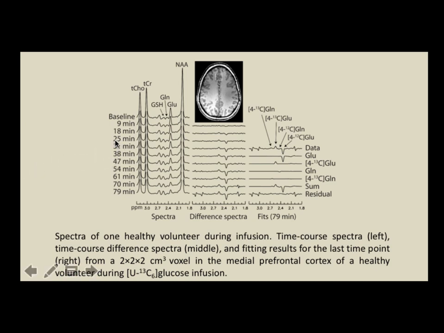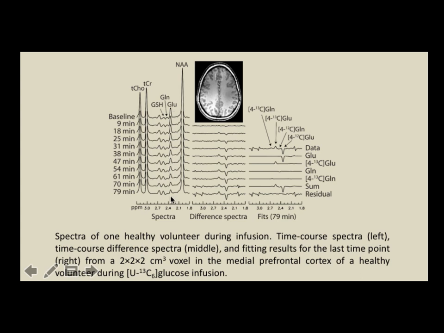So these are the spectra we got from one healthy volunteer. The top one is a baseline spectrum. The infusion hasn't started yet. Then the other spectra are spectra during the infusion. You see 9 minutes after the infusion starts, 18 minutes after infusion starts, up to 79 minutes after infusion starts. We look at the glutamate peak.